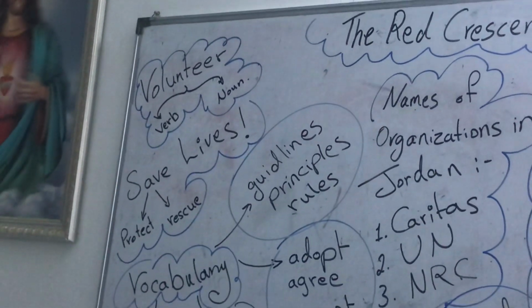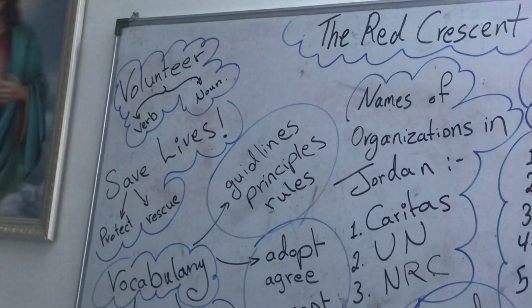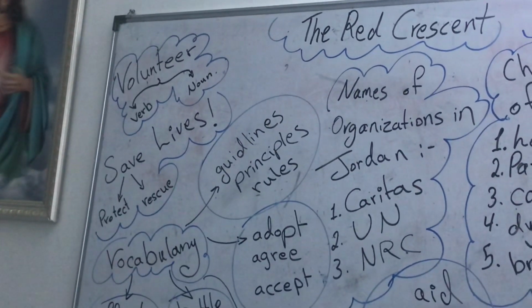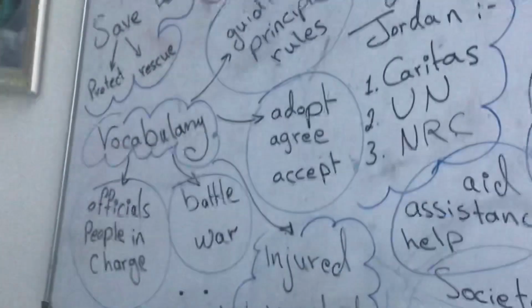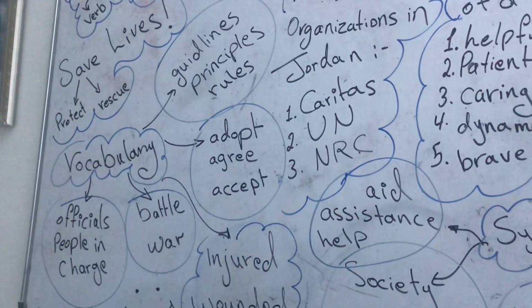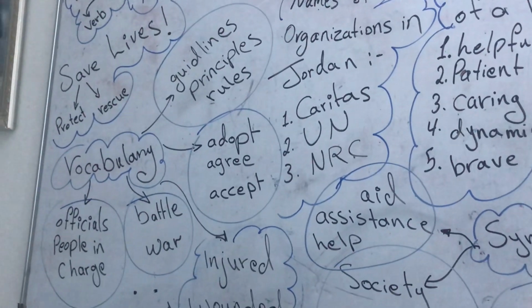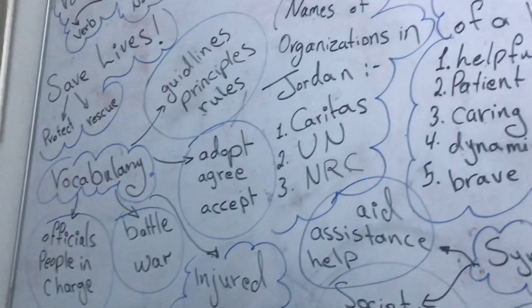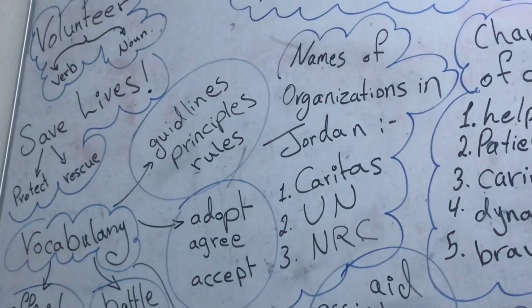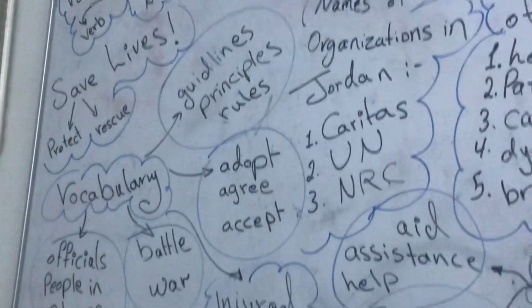We have the second part of our title, which is save lives. A synonym for the word save is protect and rescue. Also, we have a couple of vocab that we didn't have their meaning in the book, and they are important. So the word guidelines, it means principles or rules.